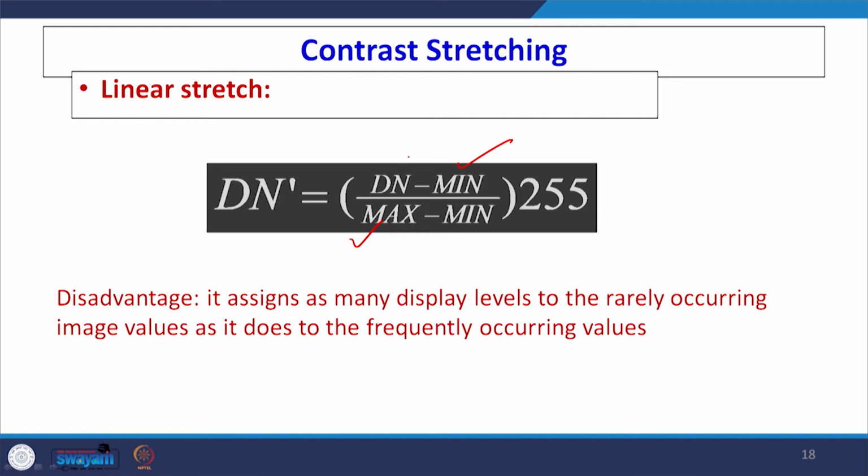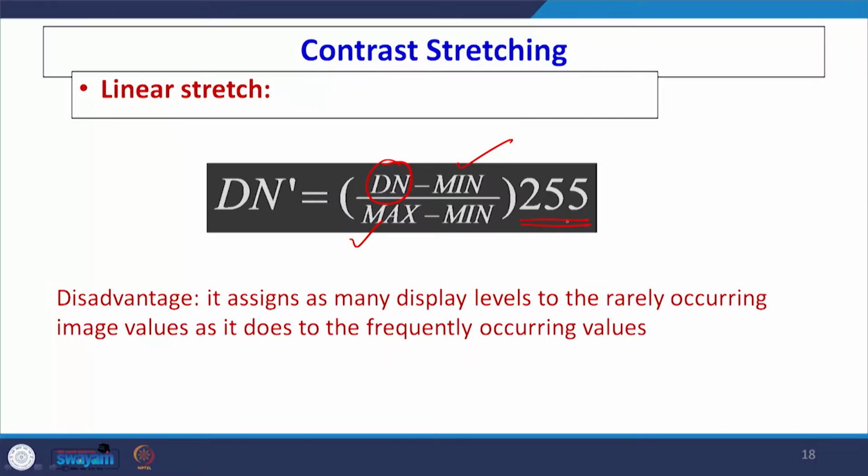So if I take the first pixel, replace here the DN value of the first pixel and apply this simple relationship, it is multiplied by 255 in case of 8-bit data, so that the range becomes 0 to 255. It does not fall within the small range. This is a constant which is multiplied to all the data.